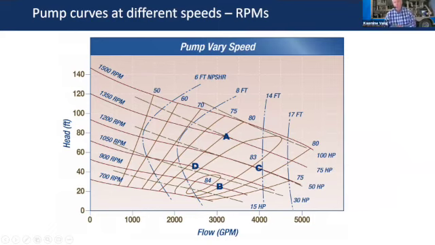Vertical blue lines. Okay. Well, that's net positive suction head, and it has to do with cavitation and the submersion of the pump in the water. You have to have positive pressure or head on the pump of a certain amount. And you notice as you get to higher flow rates, that number goes up because you have to have your pump submerged greater or you could have cavitation. And that's a safety.